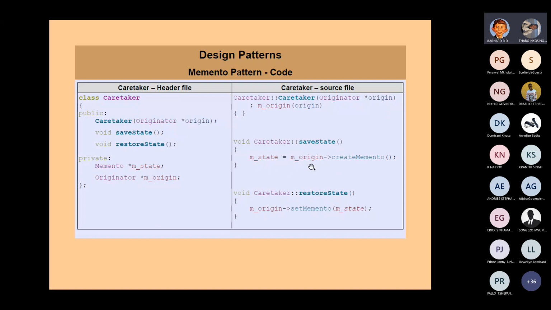But notice that they call the methods from the originator. That's why we have that pointer there, so we can access the originator. So your caretaker calls the create memento method from the originator, and it calls the set memento method from the originator to either save or restore the state of that memento.